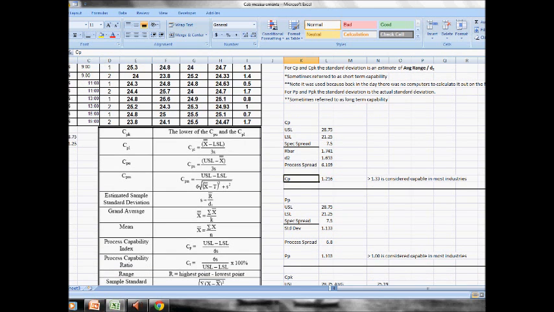Okay. Let's go ahead and calculate PP. What this does, instead of looking at it from a short-term perspective, it looks at it in terms of the whole thing. So it's very holistic. When you calculate standard deviation, as you see, the formula is the same thing, only the standard deviation is not an estimate. It's actually standard deviation. You can see the formula here.